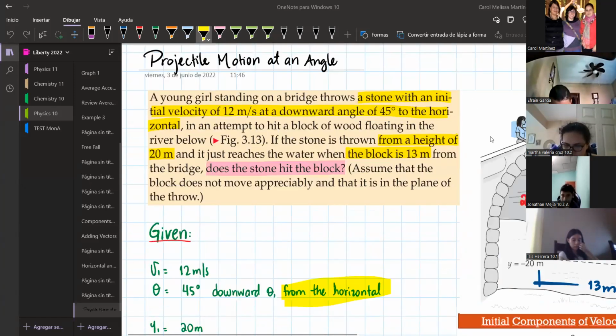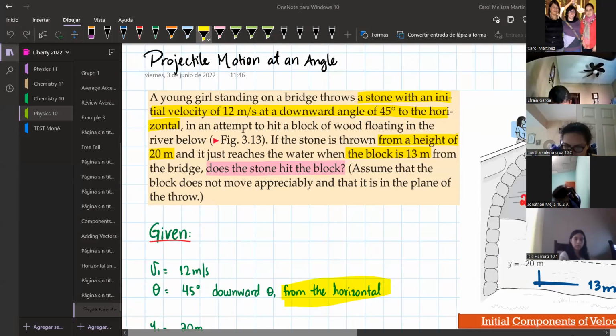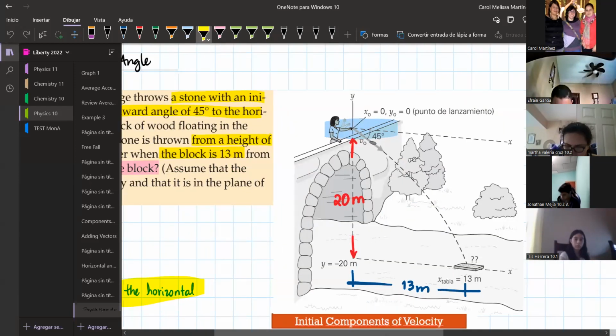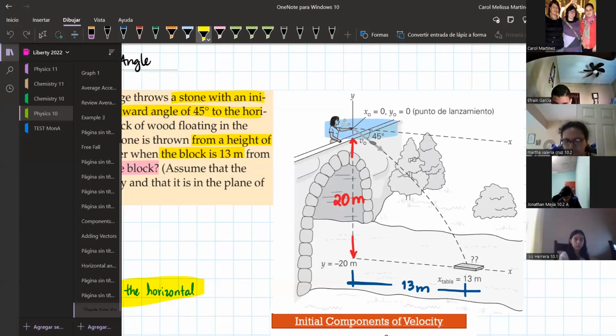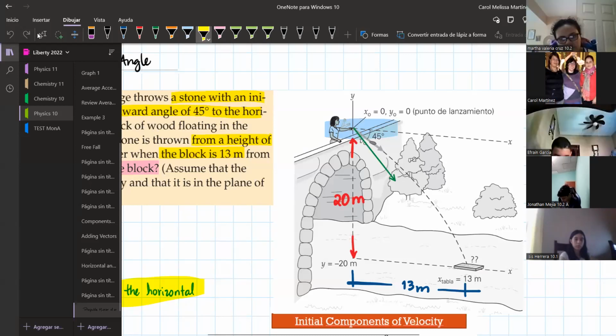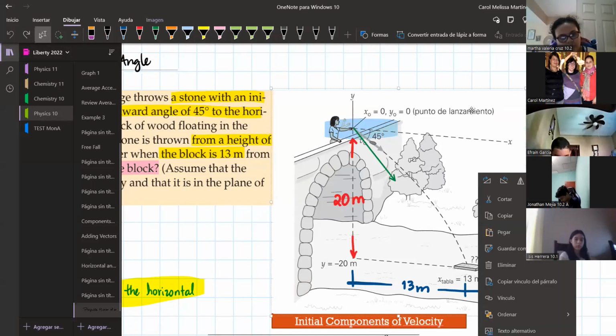But now let's analyze the direction of the vector. Here I have my vector that is initial velocity. Yes, Valeria?